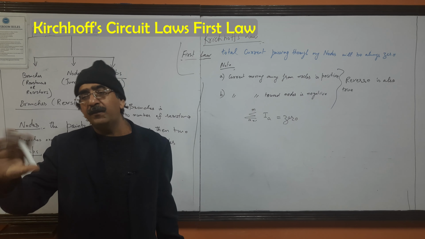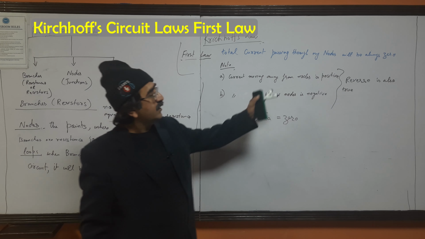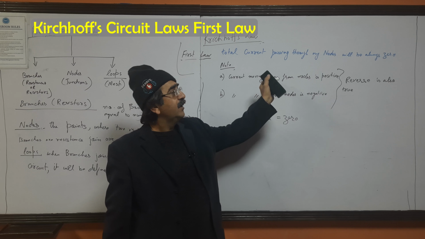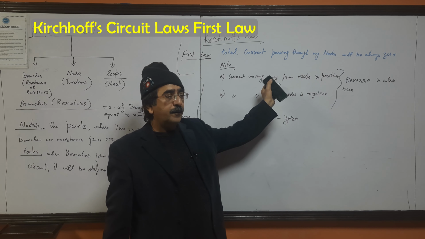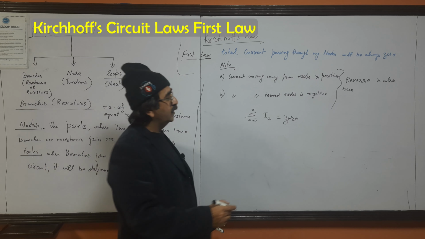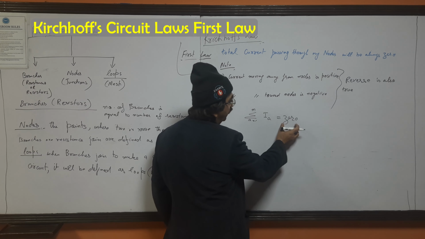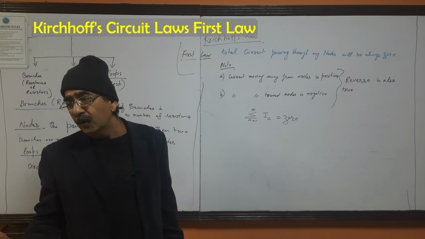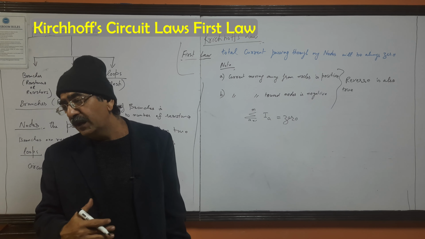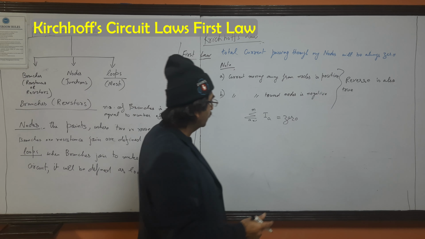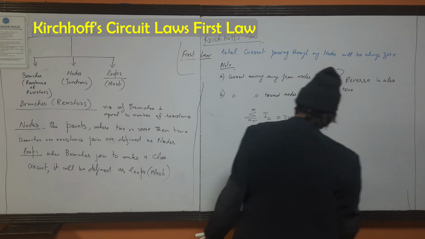So both possibilities are true. We know that when we multiply a negative sign with 0, the answer will be 0, and the polarity of the left side will change.